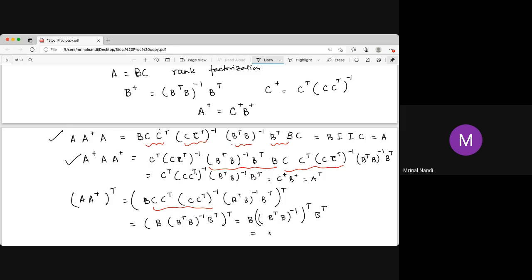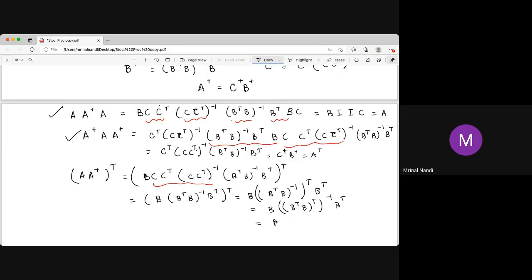We know (A inverse) transpose is (A transpose) whole inverse, so it is B (B transpose B) transpose inverse, then B transpose. Then it is just again B (B transpose B) whole inverse B transpose. And this is actually equal to this part, so this is A A plus.